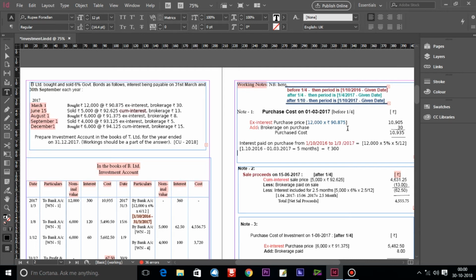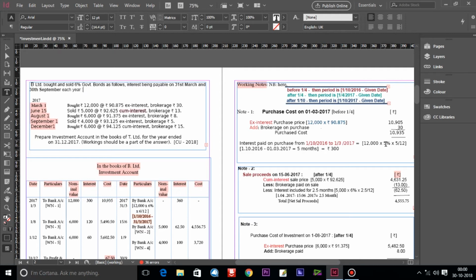That is 5 months. And we have to calculate interest for 5 months. The rate of interest is 6%, because a 6% bond is given. That means the bond is charged at 6%, and on it 6% interest is being paid.